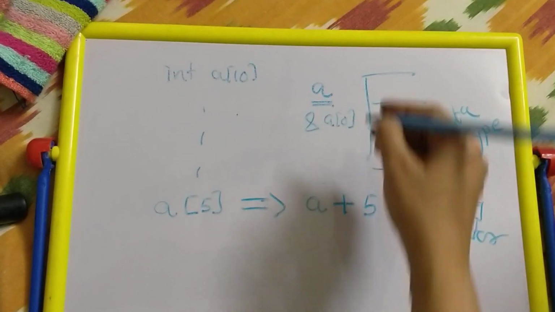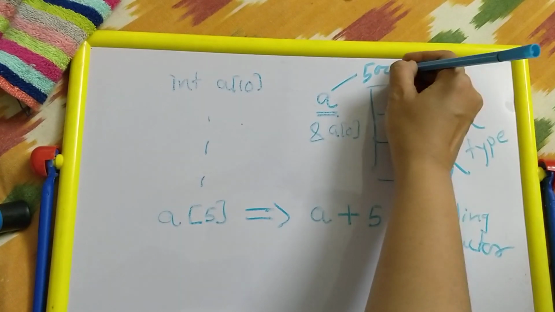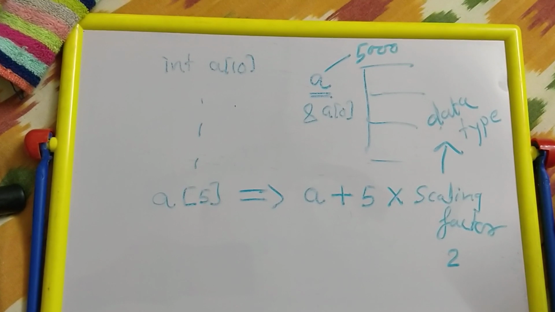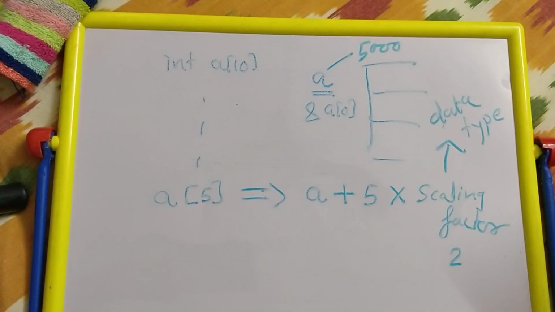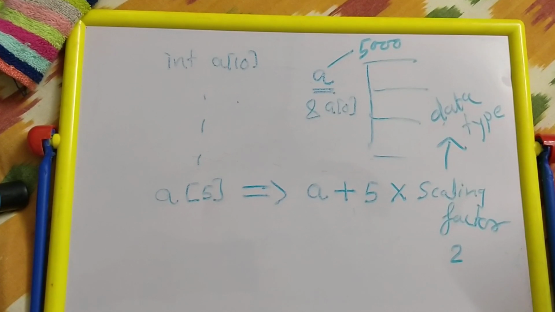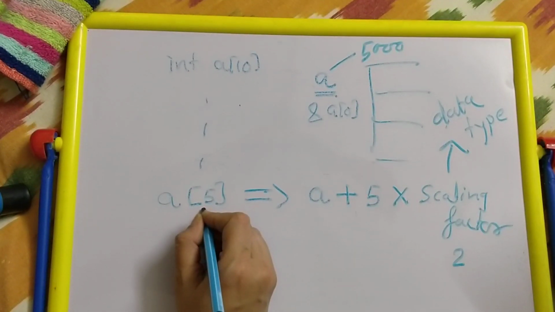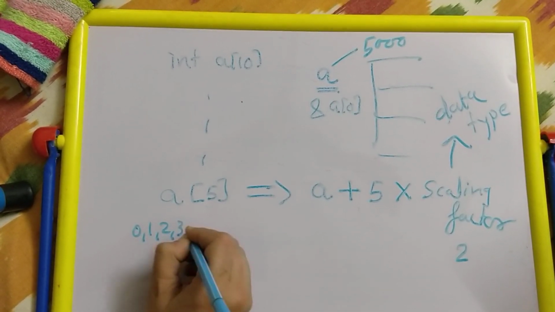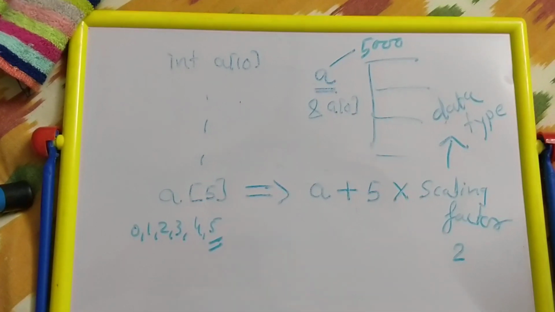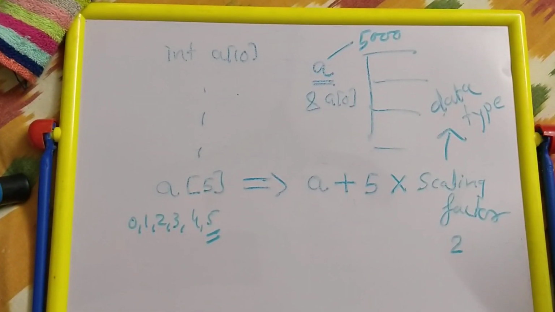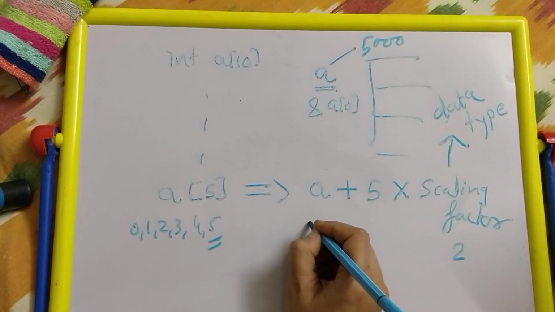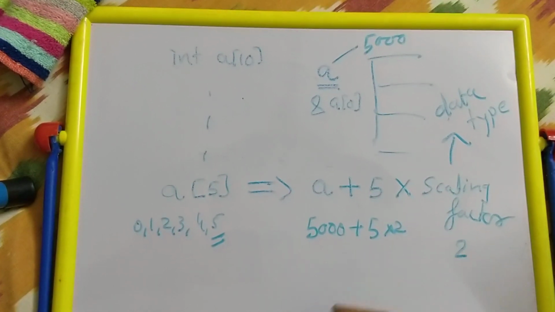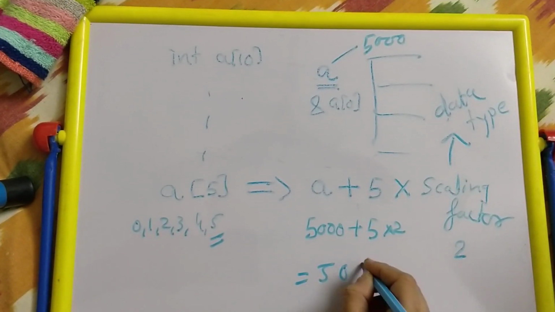Right? Now suppose the address of the 0th element is 5000. As you know, the consecutive variables will be stored in 5002, 5004, 5006, 5008 and so on. My 5th element, when I write A of 5, it is actually 0, 1, 2, 3, 4, 5, the 6th element. Now you can see here, A is 5000 plus 5 into 2 is 5010.